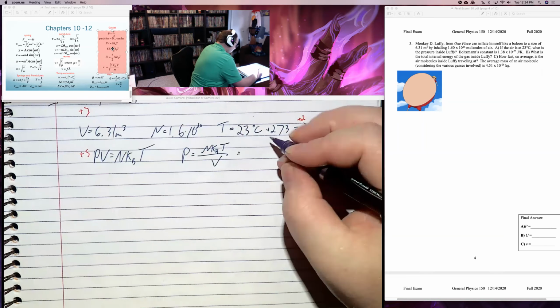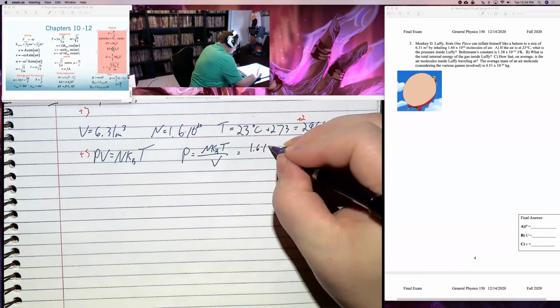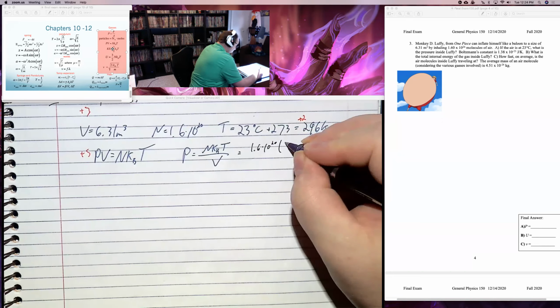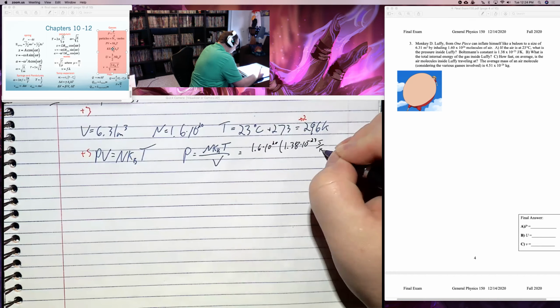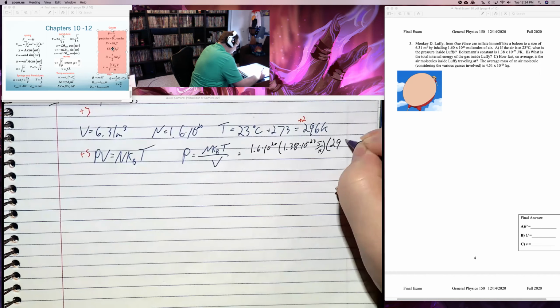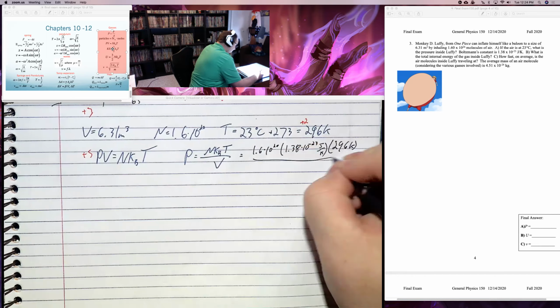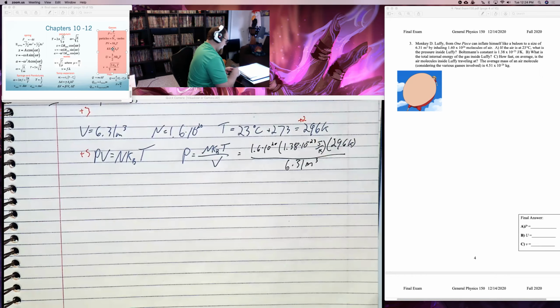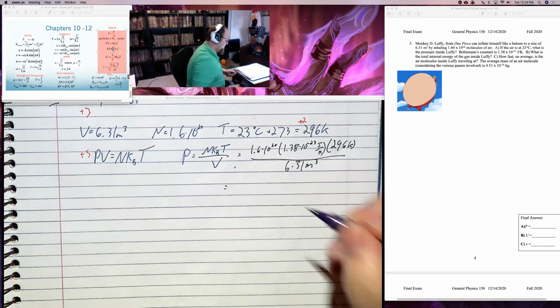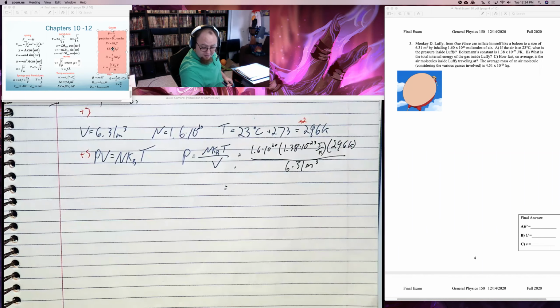So it is 1.6 times 10 to the 20th times 1.38 times 10 to the negative 23rd joules per Kelvin times 296 Kelvin divided by 6.31 meters cubed. I switched pen colors at one point without even noticing. 1.04 times 10 to the 5th.